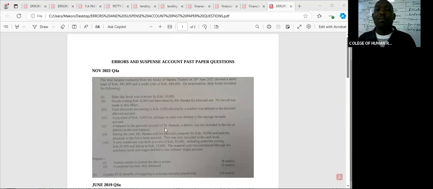That transaction cannot be recorded because we don't have the amount. But ideally, we were supposed to debit M. Hamadi because debtors are normally debited being assets. Then we credit the suspense account because that error is only touching on one account, M. Hamadi. We don't have any other account. So it was an issue beyond the control of the candidates. So you just skip that. You cannot imagine a figure, you cannot guess a figure, not given. It was an error there.